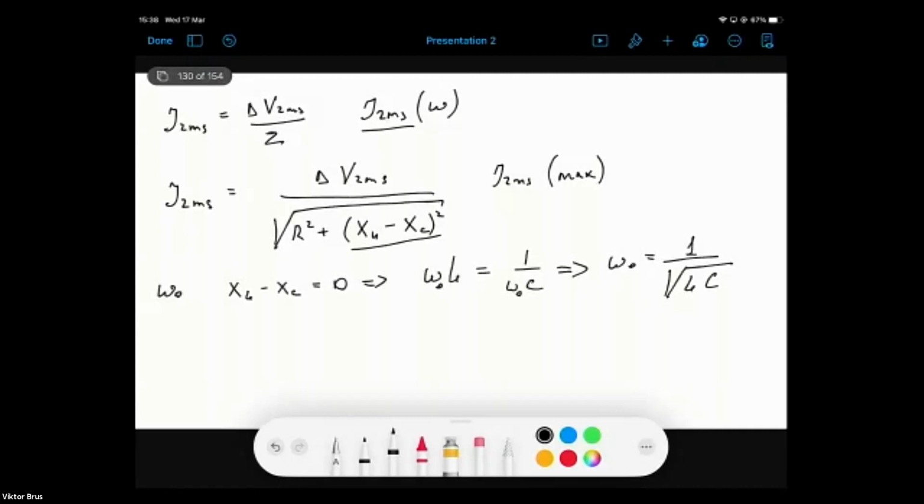So now we have an equation which calculates the resonance frequency of an AC circuit, which consists of resistor, inductor, and capacitor connected in series. And keep in mind, by the way, that it's quite a common equation used for solving different problems.